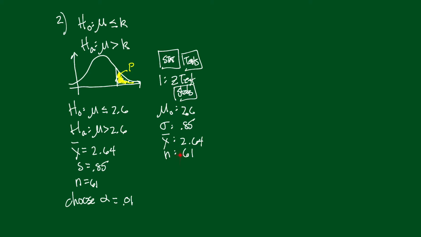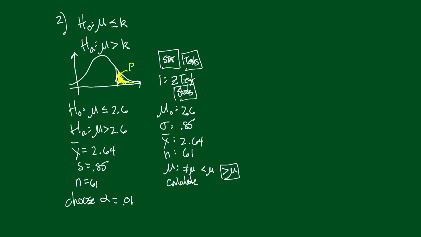N is 61. And now for mu, we're doing a right-tailed test. So you see how this goes. It goes not equal to mu, I think it goes less than mu, and then over here, it's greater than mu. So you want to select that one. Then you go to calculate.